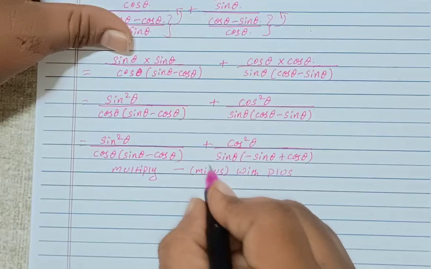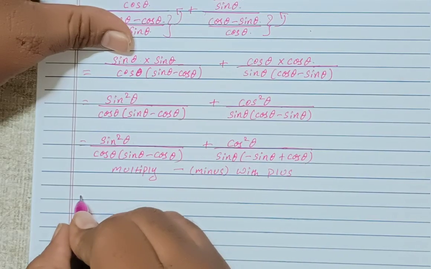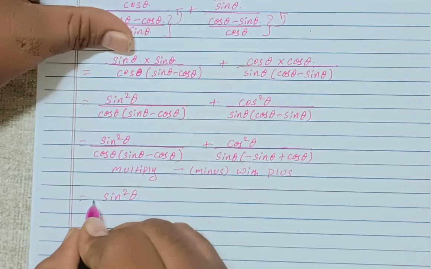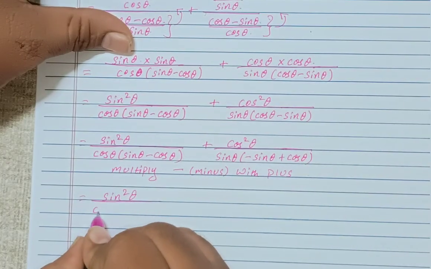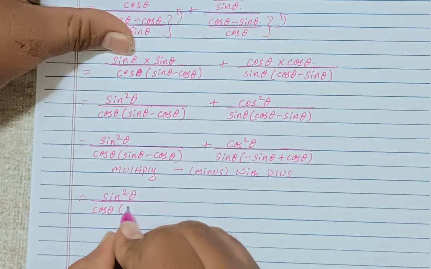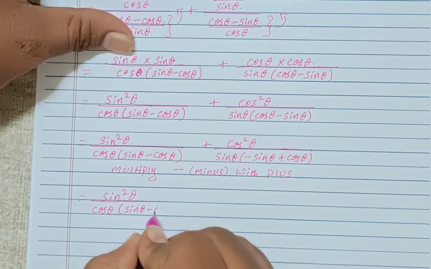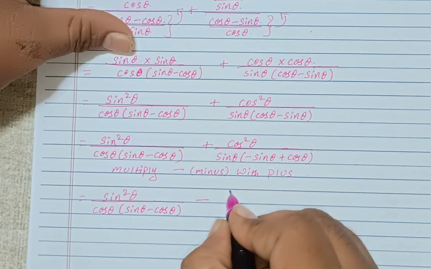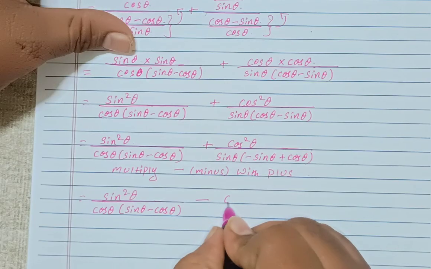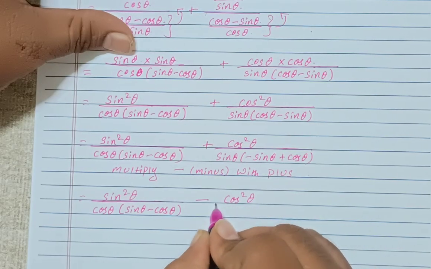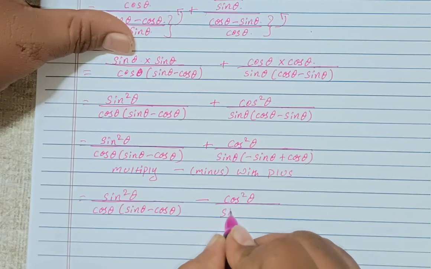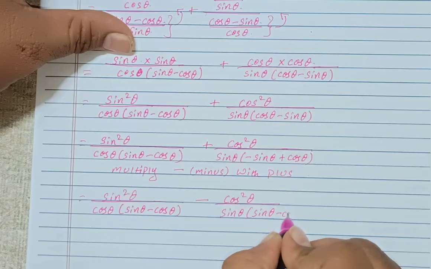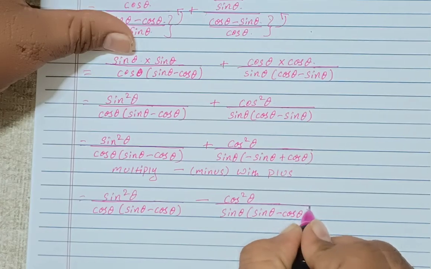When we multiply this with plus, it becomes minus. That is sin square theta divided by cos theta into (sin theta minus cos theta), then minus, again cos square theta divided by sin theta into (sin theta minus cos theta).